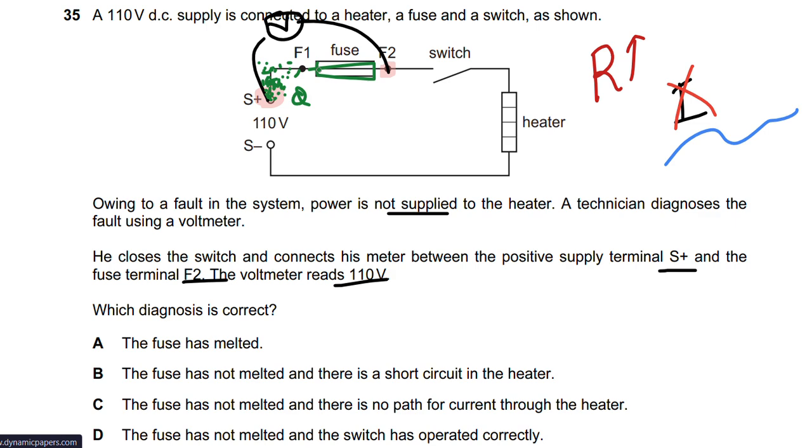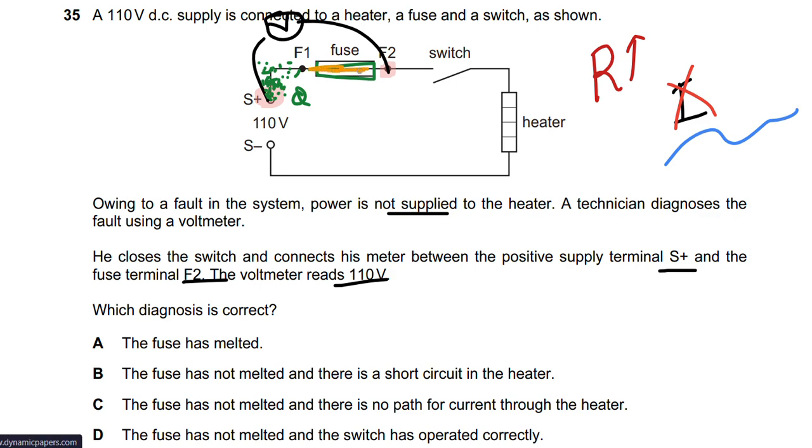But here we are seeing a massive voltage drop. That means that there is the compilation, or the storage of charges here. Charges are not able to flow to this part of the bridge, you could say, and that's because of the fuse. So essentially, that means that the fuse actually has melted.